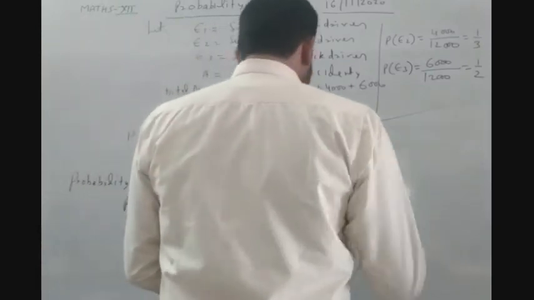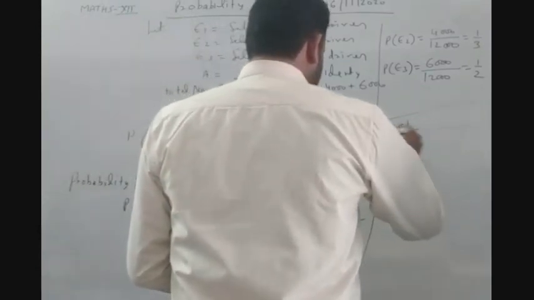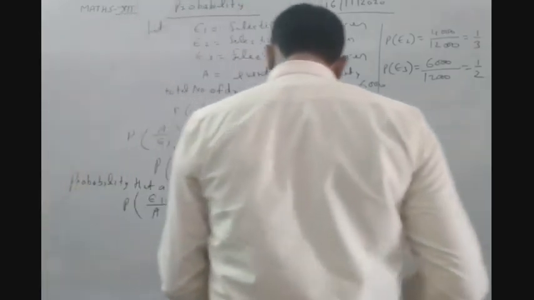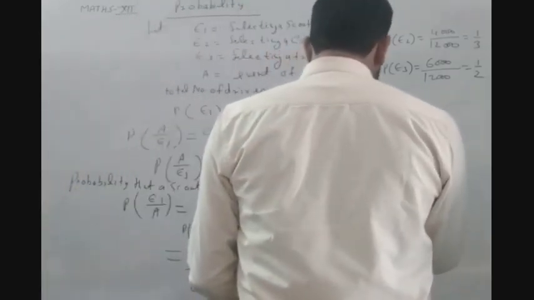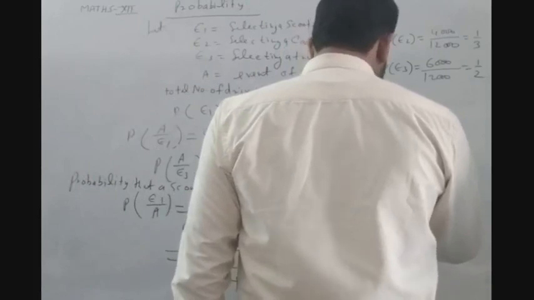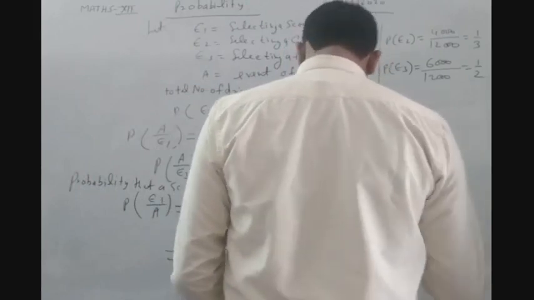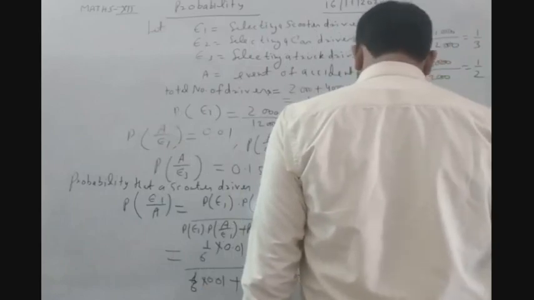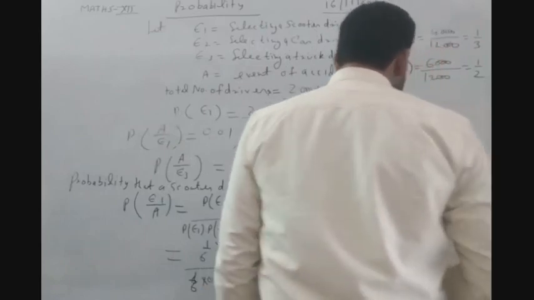So it will be what? 0.01 by 6 divided by 0.01 by 6, 0.03 by 3, 0.15 by 2. Okay.